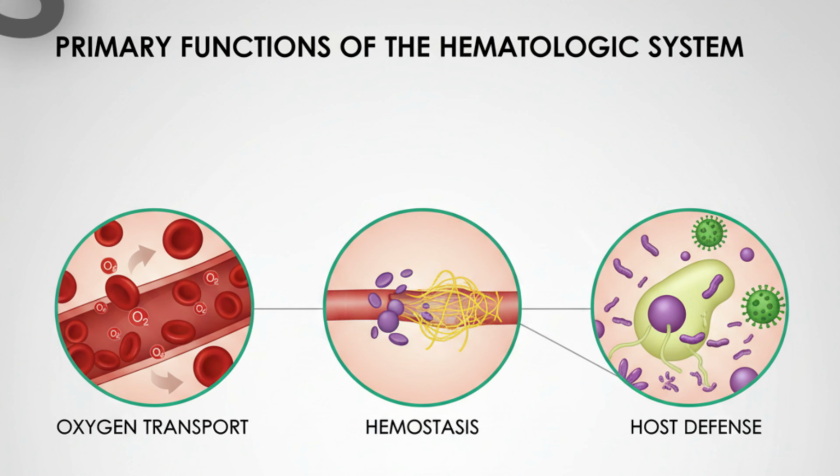The B lymphocytes turn into plasma cells, which is antibody production. T lymphocytes, they talk about CD4 and CD8, which coordinate cellular immunity.